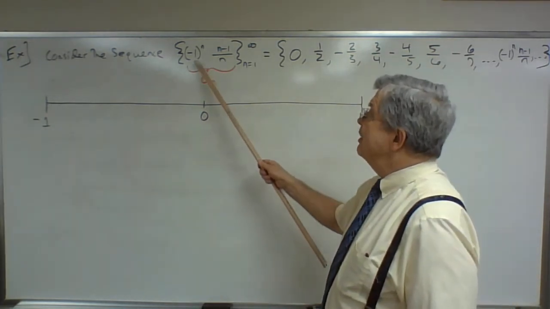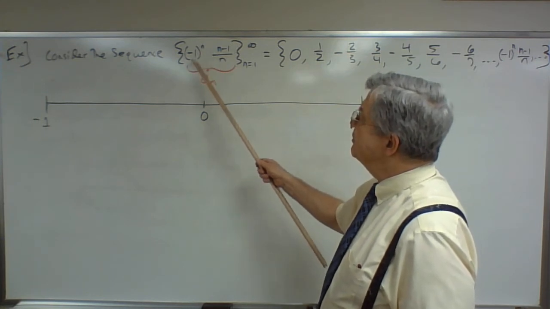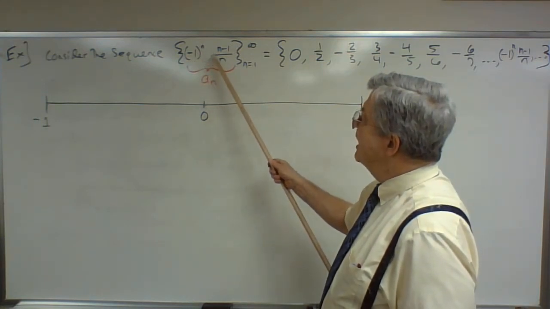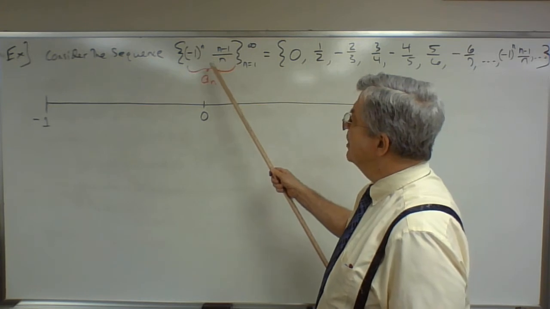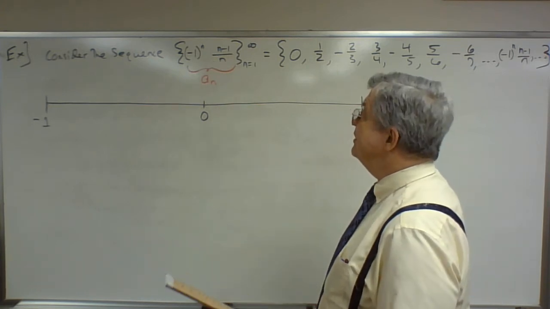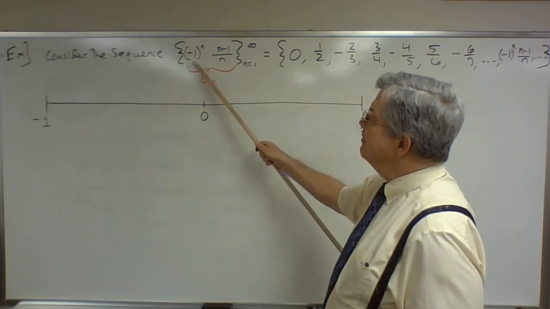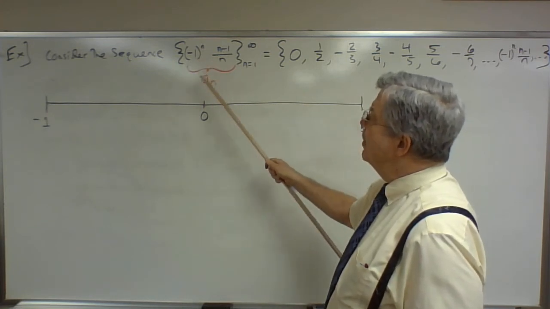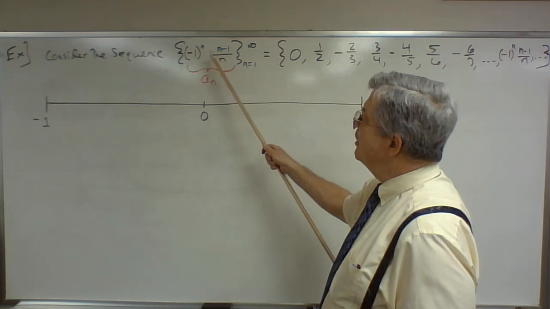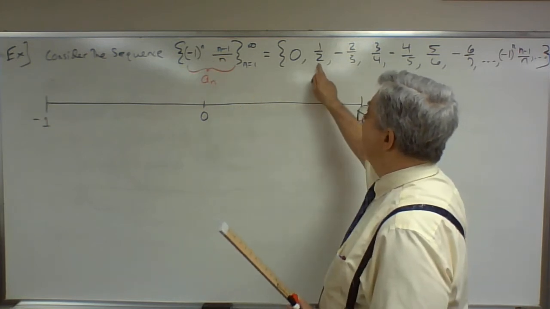So the first term is negative 1 to the first, or negative 1, times 1 minus 1 over 1. So the first term is negative 0. The second term, negative 1 squared, is 1, times 1 over 2, 1/2.